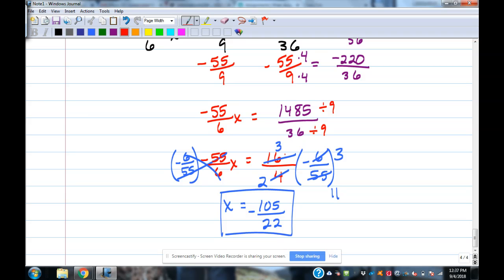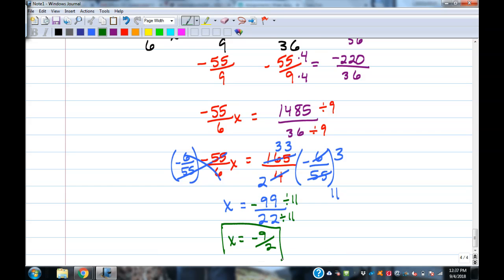That's one I did wrong. 33 times 3 is 99 over 2. And then I know both of those are divisible by 11, so I can reduce that. It's negative 9 over 2. That's the final answer there.